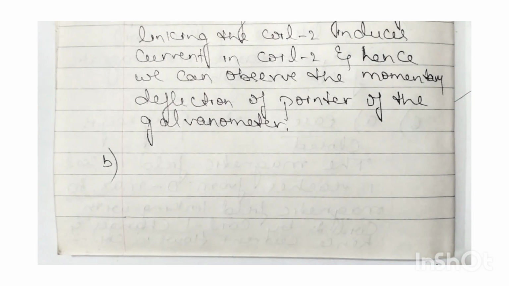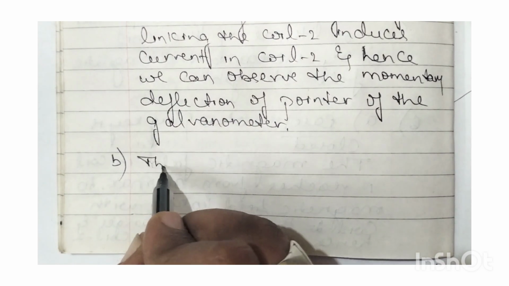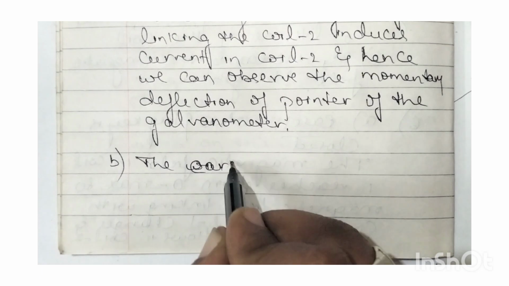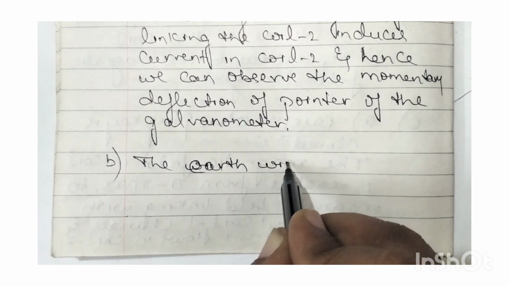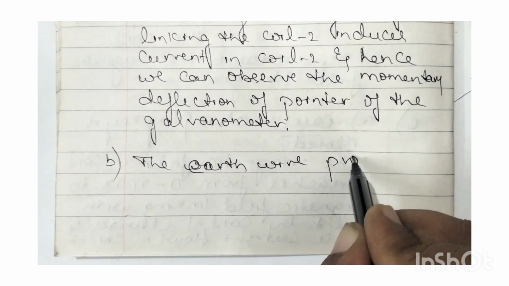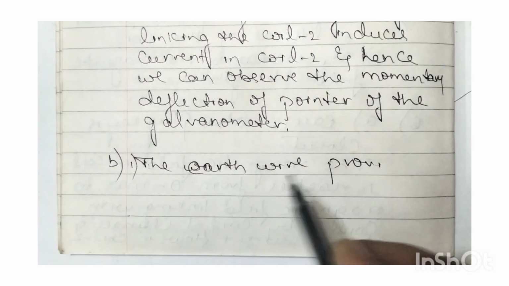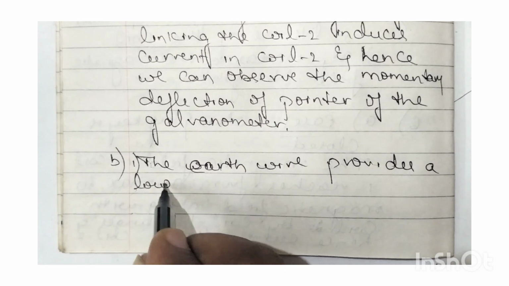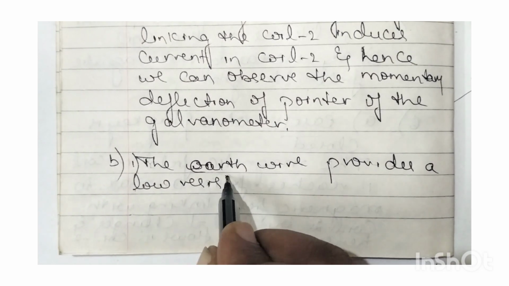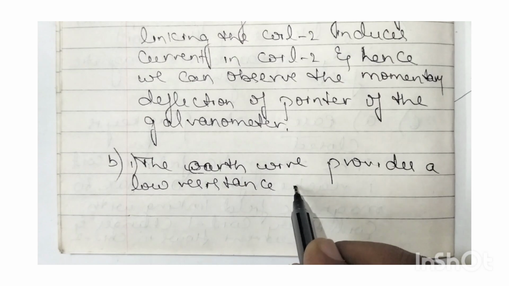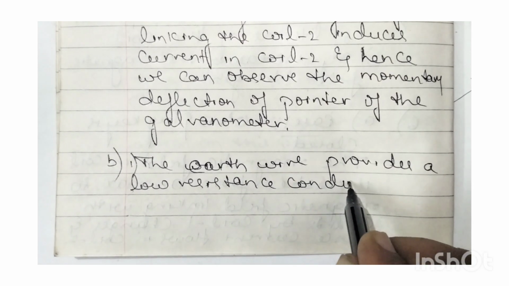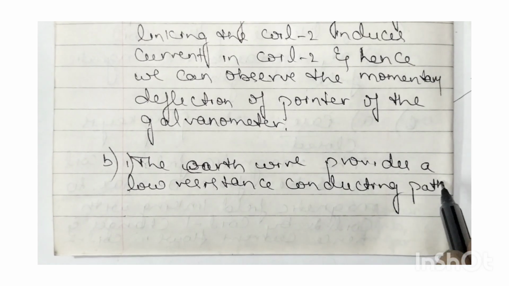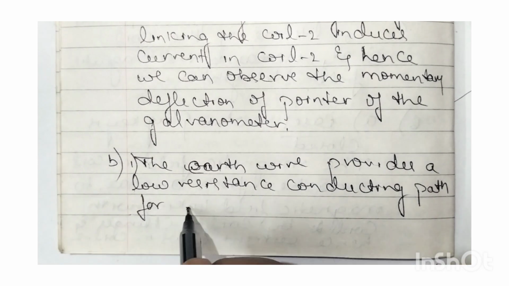The earth wire provides a low resistance conducting path for the current.